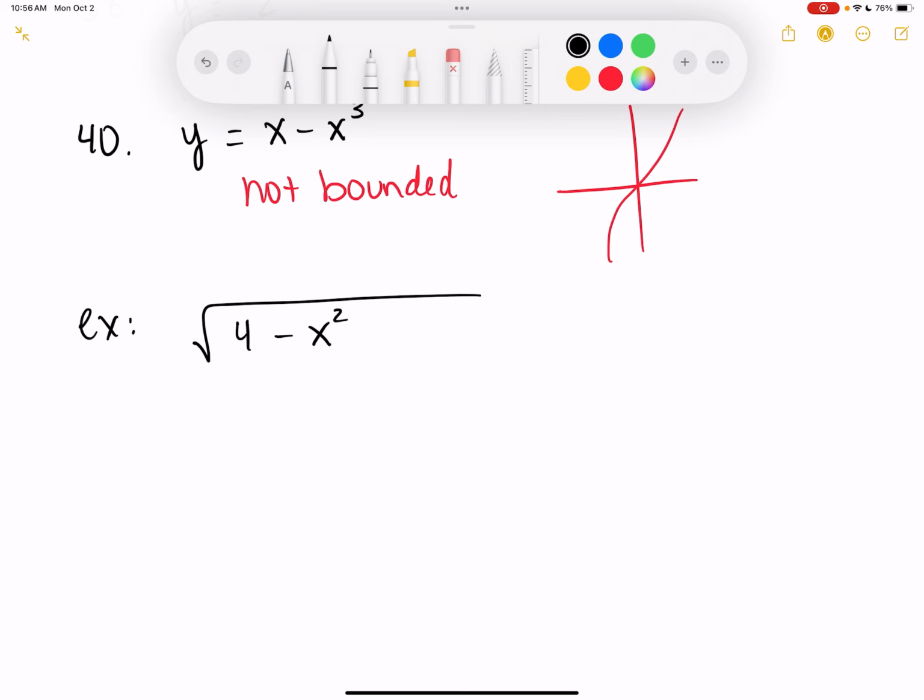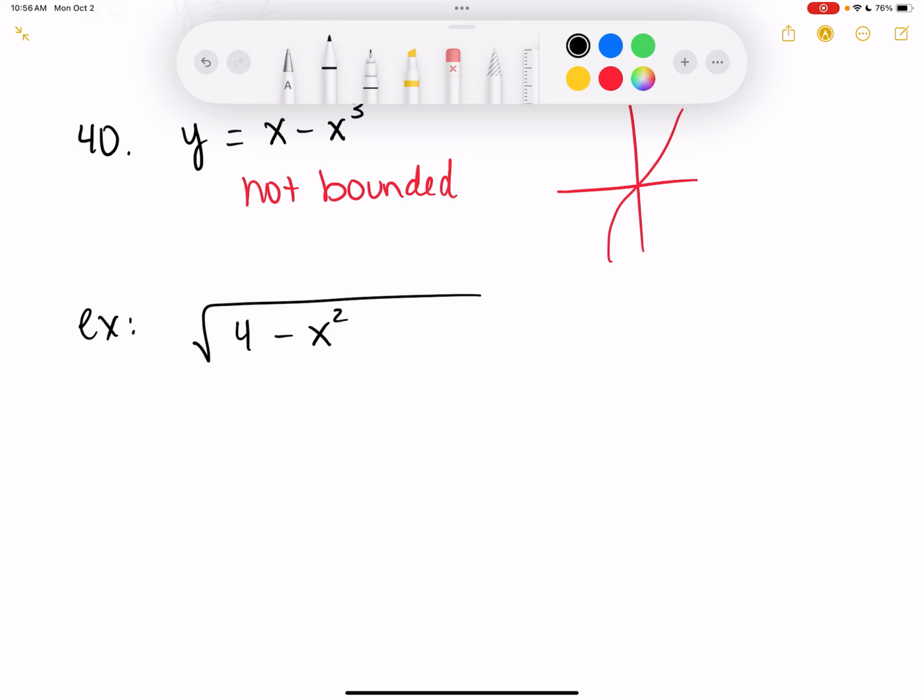So basically, we can't have anything negative under the radical, right? So we're limited to whatever would make this be 0 to positive infinity, because I can't have anything negative. I think we did the domain for something like this previously.